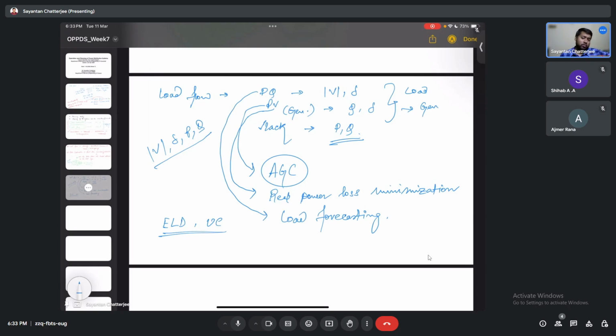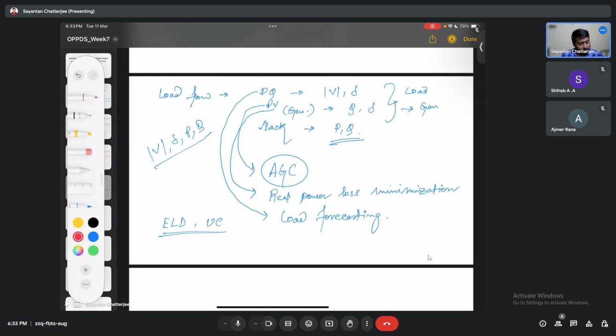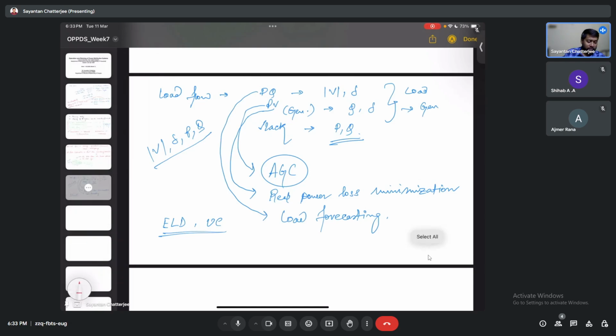So that we can plan accordingly, but the exact operational perspective can be obtained from the values obtained from the state estimator. Is it clear? Because here also we are getting V and delta, but this will help us prepare for the future.